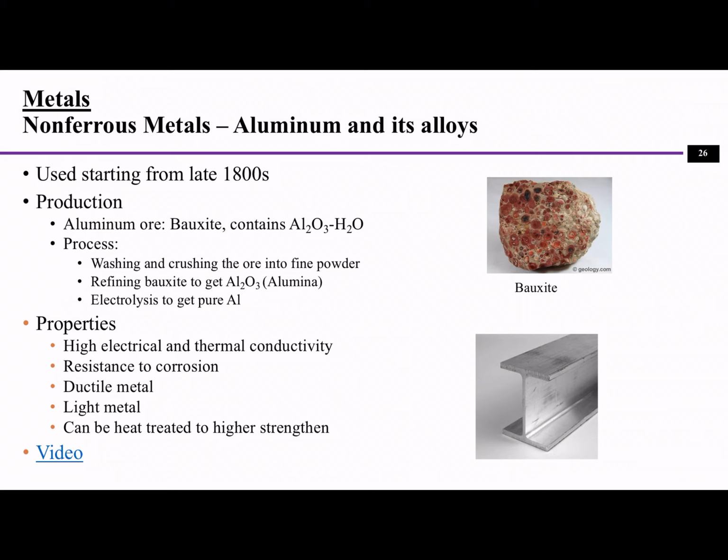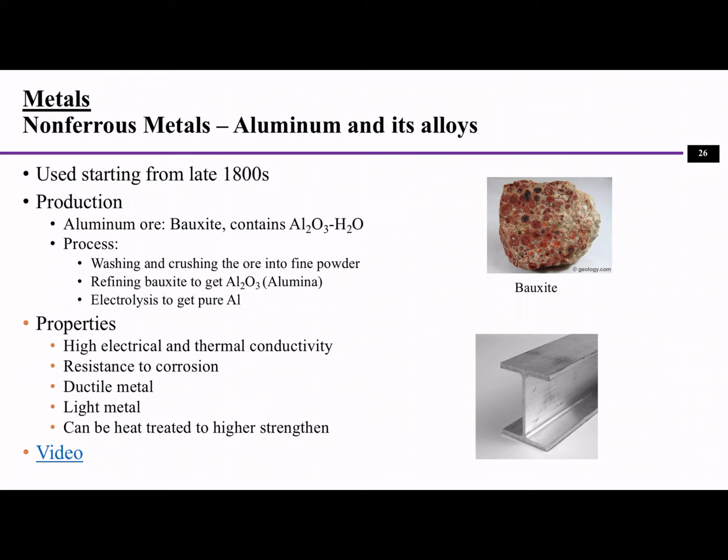Starting from aluminum. The processing of aluminum actually has a long history. It started from the late 1800s, and at the very beginning, the process was not very mature. Actually, aluminum used to be a very expensive material in people's lives.